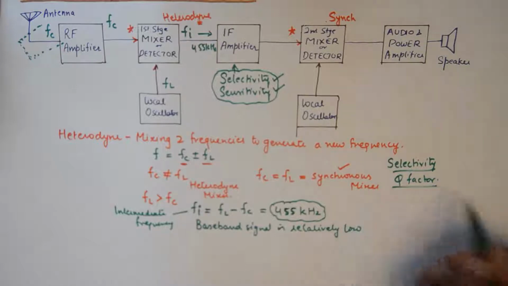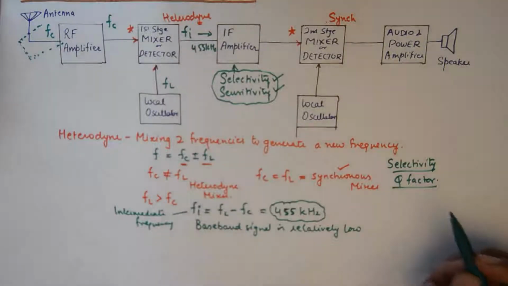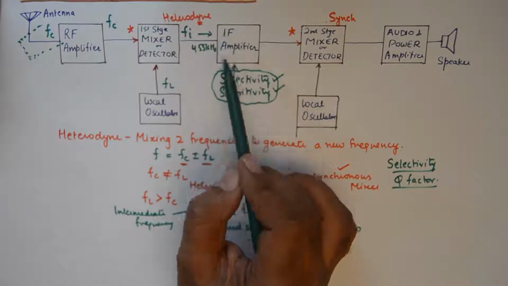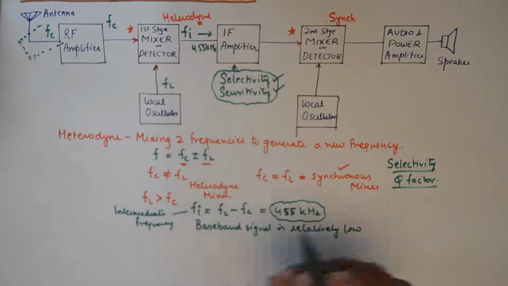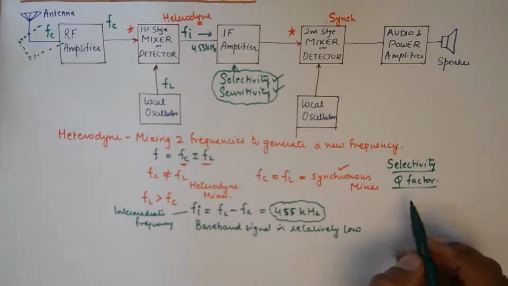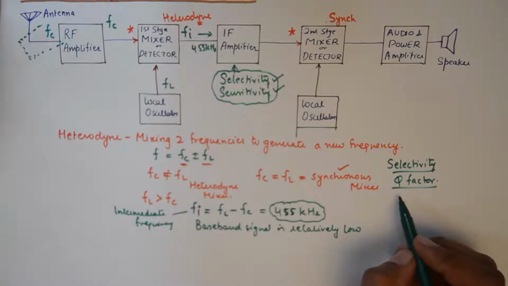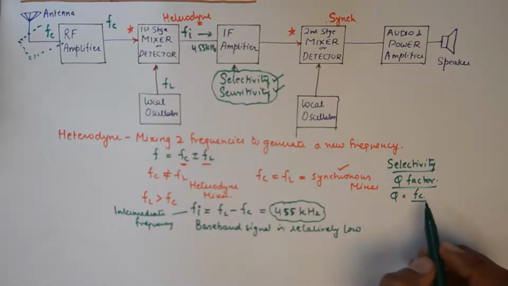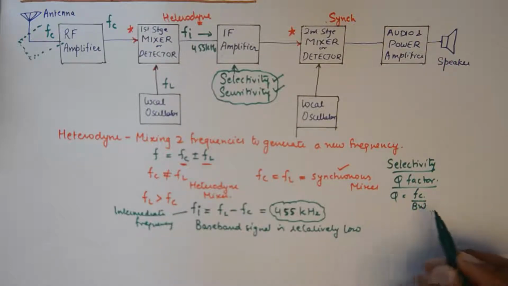And if we design a receiver that works for all the frequencies, or in other words, if we subject this amplifier to a range of frequencies, now for a typical amplitude modulated receiver, the Q factor will depend upon the central frequency upon bandwidth.